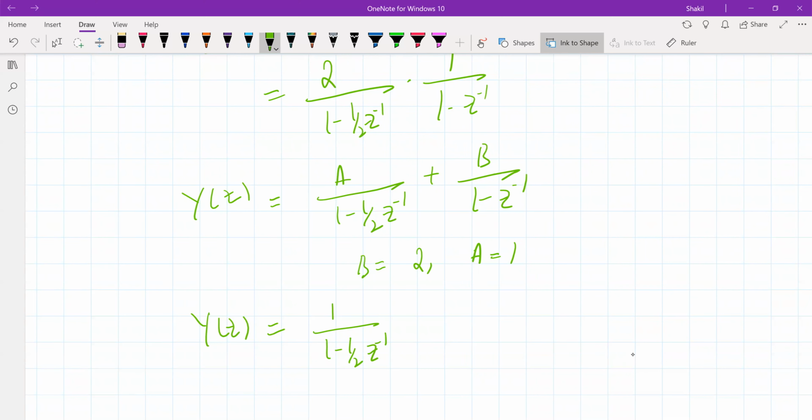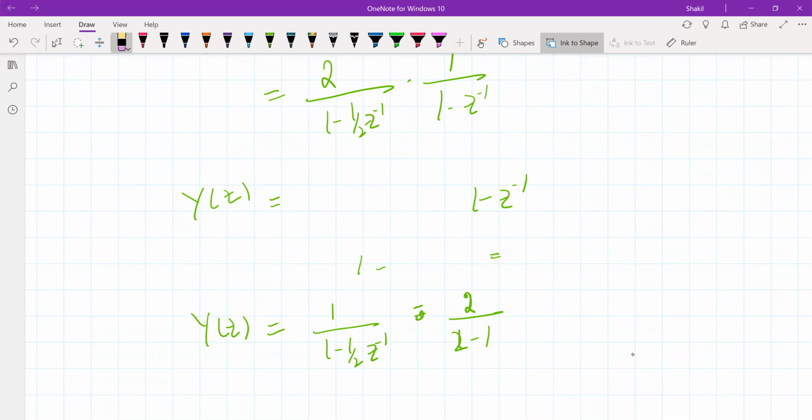Please check the values yourself. I think b is minus 2. Please check the values yourself. Or let's do it. Let's solve it here, from this point.